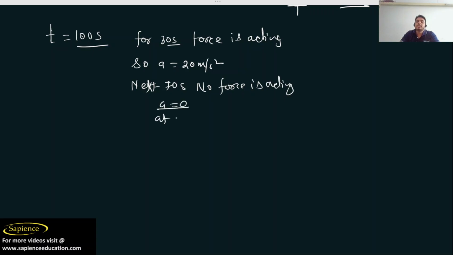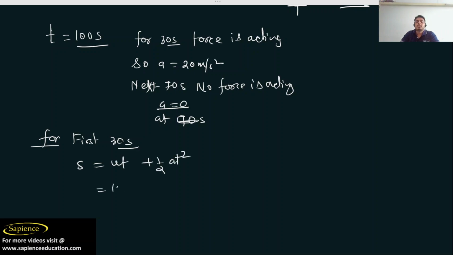So for 70 seconds, what will be the distance covered? First of all, we should consider the first 30 seconds. For the first 30 seconds, s is equal to ut plus 1 by 2 at square.